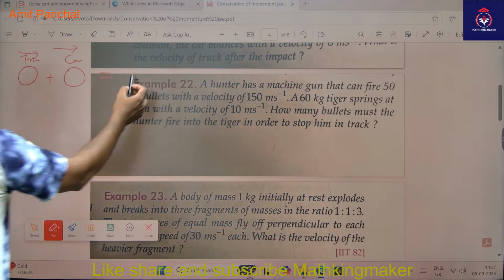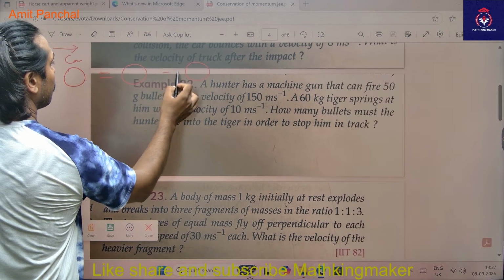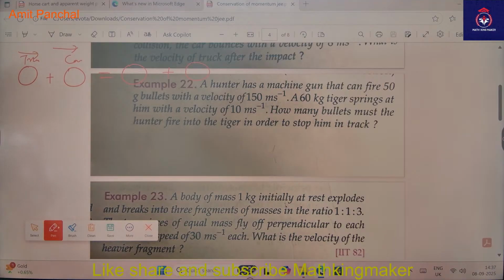Okay, so after collision, the car and truck will be moving in the same direction, isn't it? Then it comes out to be 7 if you add them. You need to subtract them. That's the only way it comes out to be 9. No, you need not subtract. Okay, sorry. Exactly, if you add them, then it comes out to be 7.